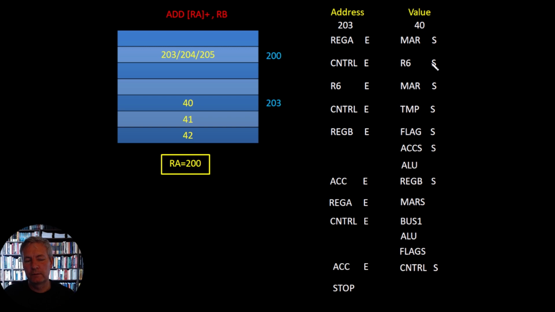Now, remember I mentioned in a previous video that register R6 is a truly temporary register. We only have access to it whenever we are generating this microcode. It's a register set aside specifically for us generating microcode. You don't have access to this register from the instruction. So in effect, the register becomes invisible.